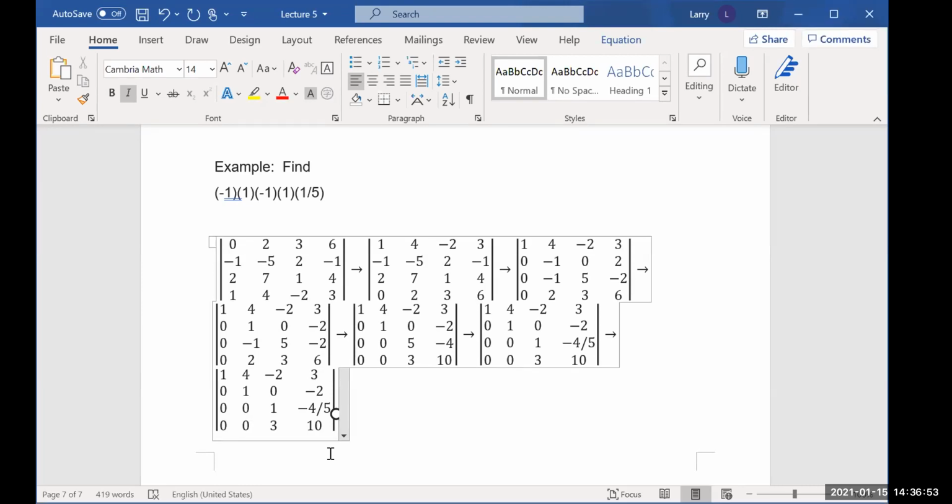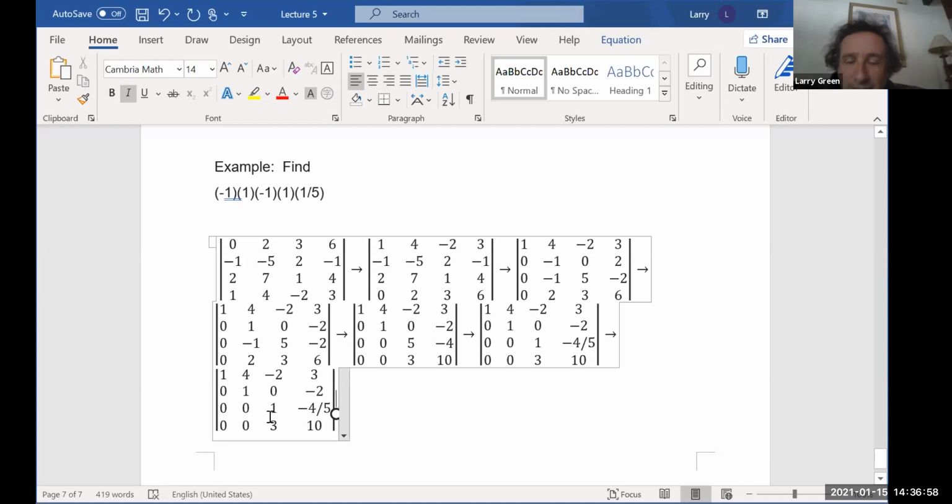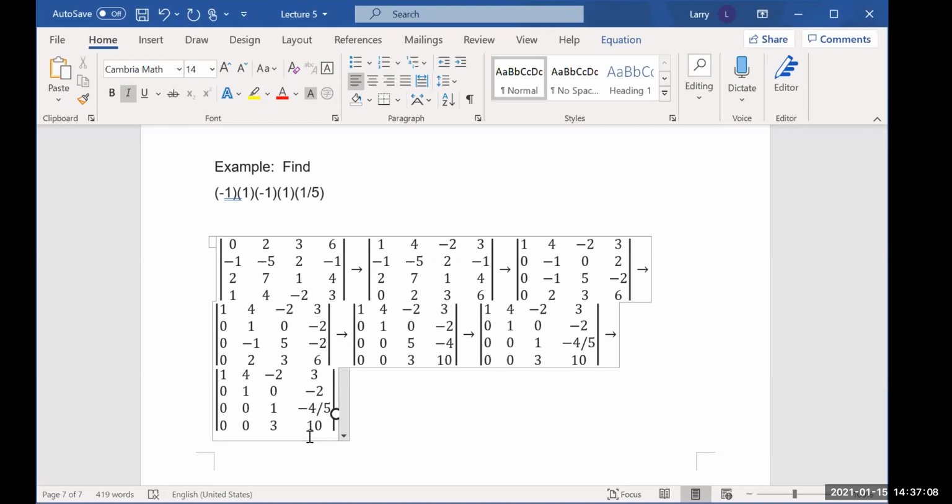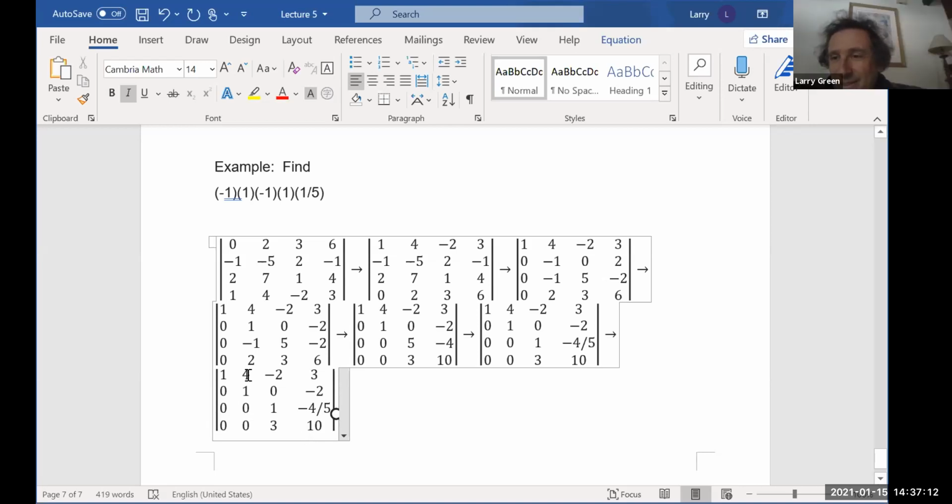We just need to REF, because we only need it to be triangular. We don't need it to be diagonal. So it's not wrong to make that 4 a 0, but it's a total waste of time. I just want it to be triangular, and that's good enough for me.